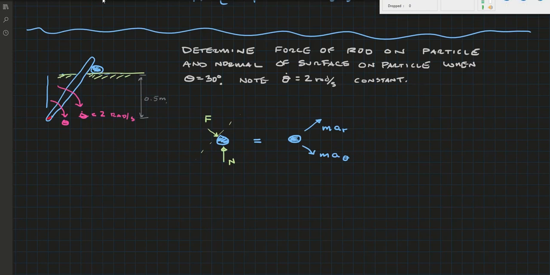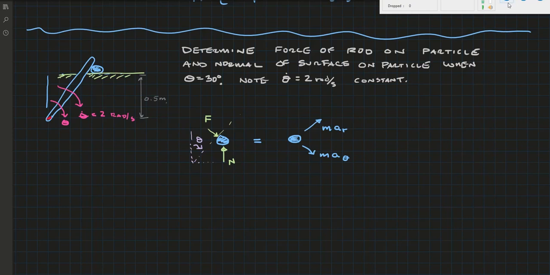So since we're doing a cylindrical problem, we want to keep things in terms of theta here, our geometry. So we know that this is theta.